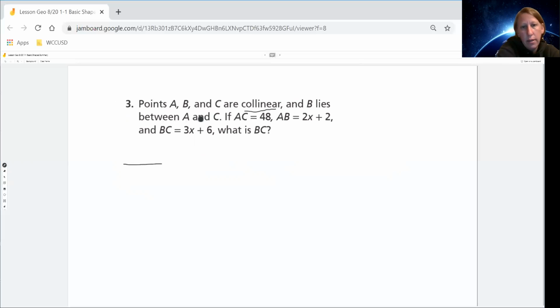So we have a line, and we have some points on the line. We have A, B, and C. Well, we have A and C, and we have B somewhere in between them. And I think I'm going to spread that out just a bit more.